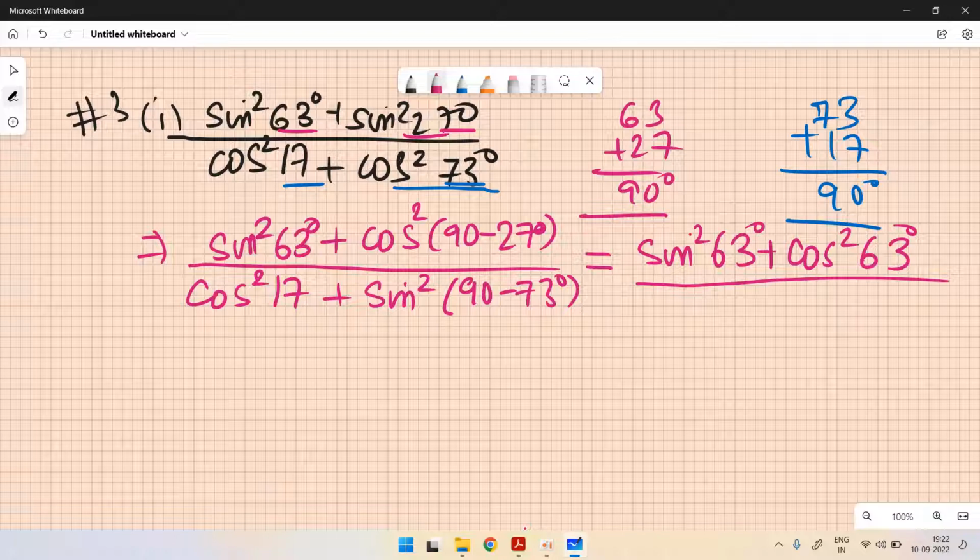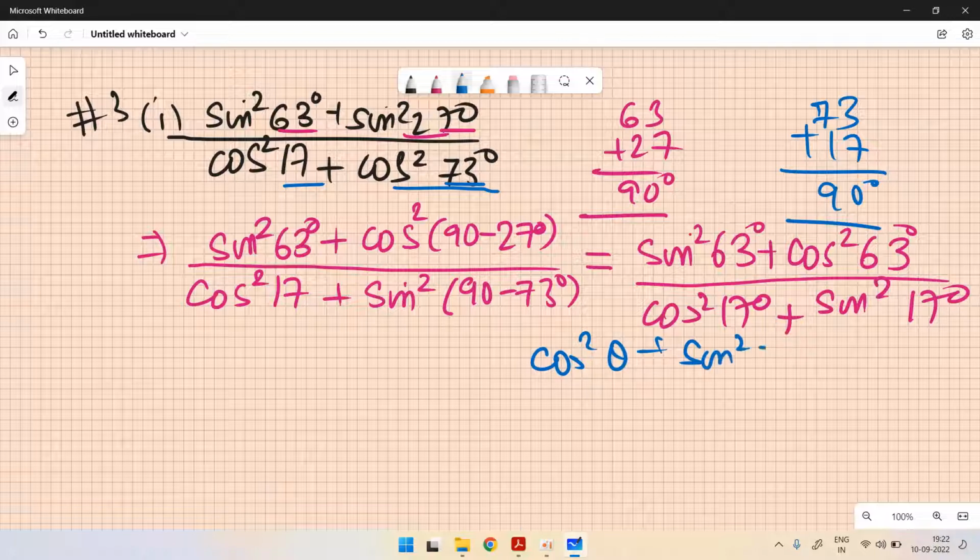So this will be my numerator, and now the denominator will be cos square 17 degree plus sine square of 90 minus 73, which is 17 degree. Now you know one property: cos square theta plus sine square theta equals 1. So the numerator is sine square theta plus cos square theta, because theta is the same, and the denominator is also cos square theta plus sine square theta.